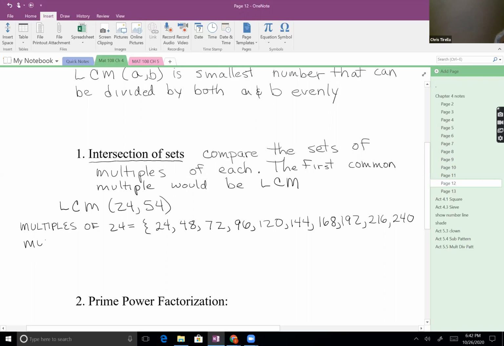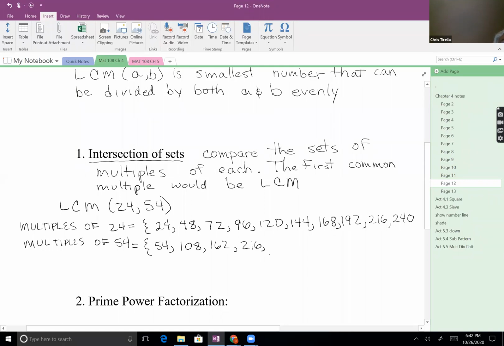Let's see if we went far enough. If I look for the multiples of 54, 54 times 1 is 54. 54 times 2 is 108. 54 times 3, 162. 54 times 4, 216.